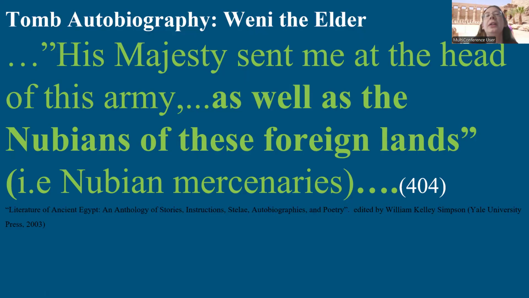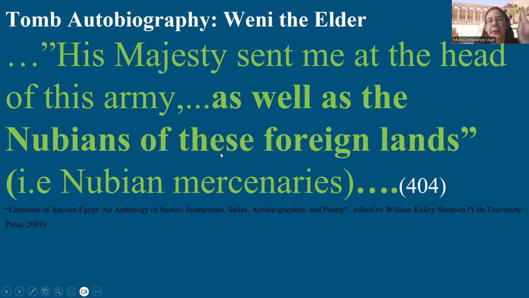So Weni the Elder, in his tomb autobiography, talks about some of these expeditions to Nubia that the ruler sent him on. "His Majesty sent me at the head of this army, ..." There are words in there that I left out, "as well as the Nubians of these foreign lands."